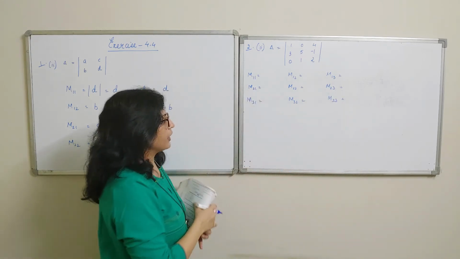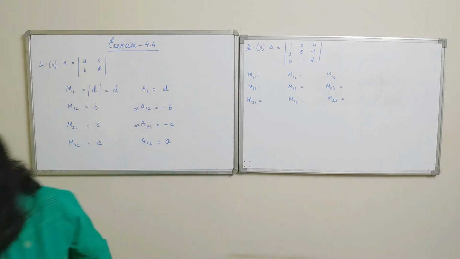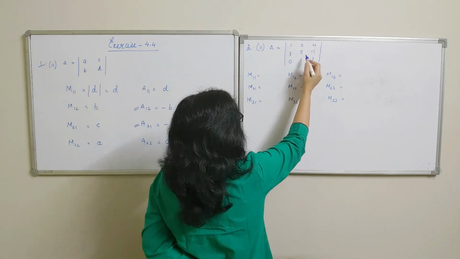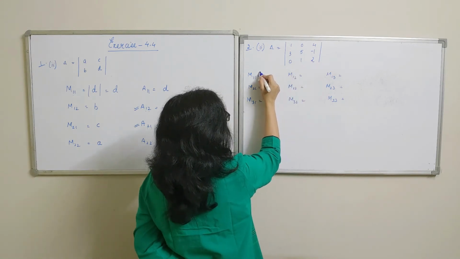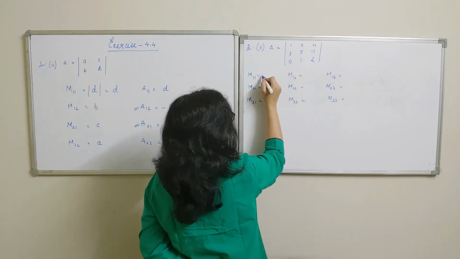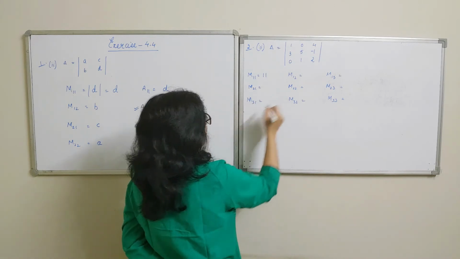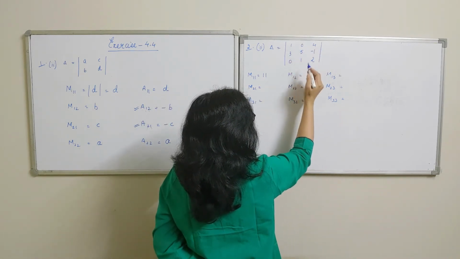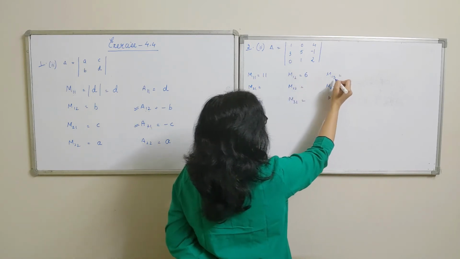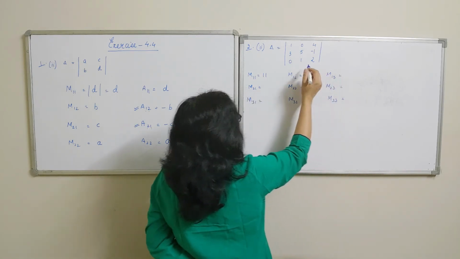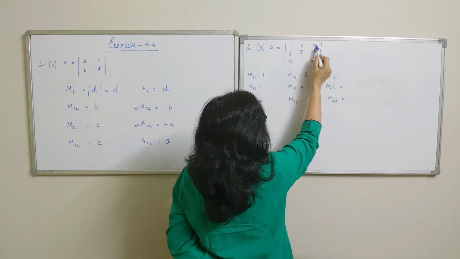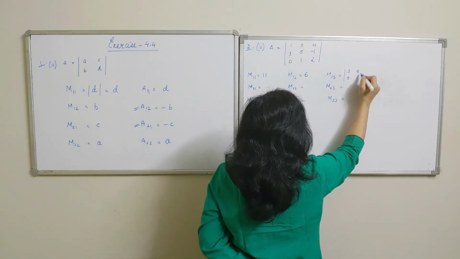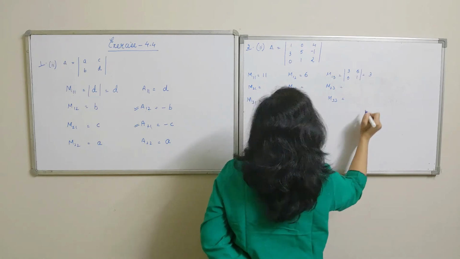So here we can directly find out the minors. So deleting first row, first column, we have here the determinant 10 plus 1, which is 11. M12 means deleting first row, second column, so we'll have 6. Then M13 means delete first row, third column, so we have determinant of this, which is equal to 3.